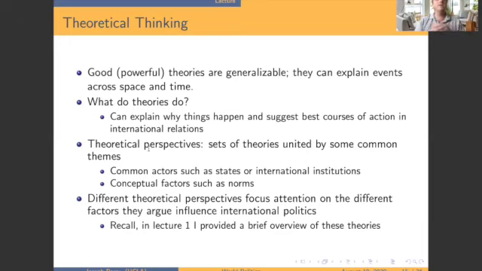In the harder sciences, theories typically have a lot more scientific explanatory power. That is, they usually can do a lot more to explain what is going on. In the social sciences, particularly in political science, they rarely achieve the status of scientific laws.